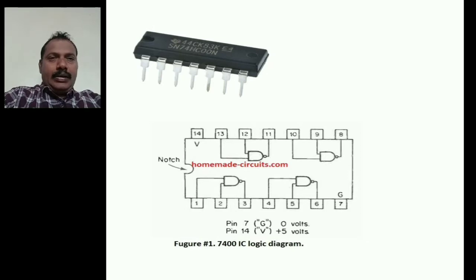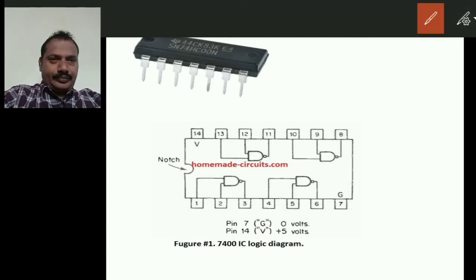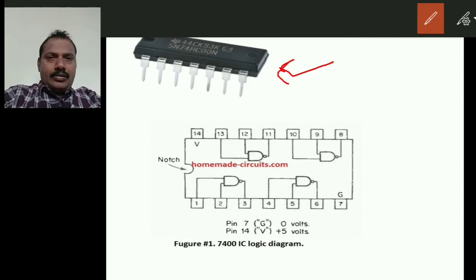Now let us observe one IC, the 7400. This is the IC. Observe the SN marking on the top of the IC.